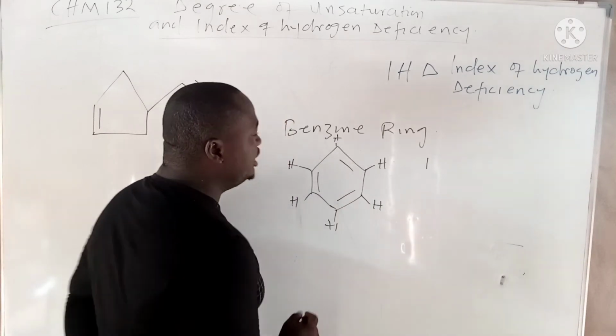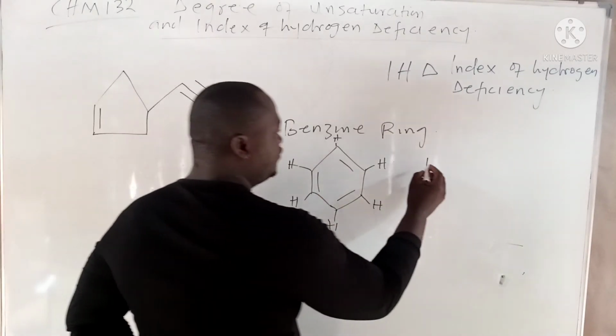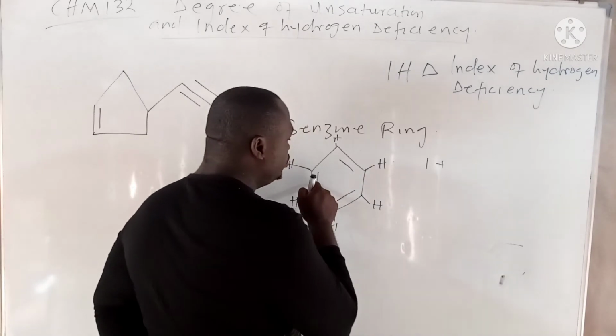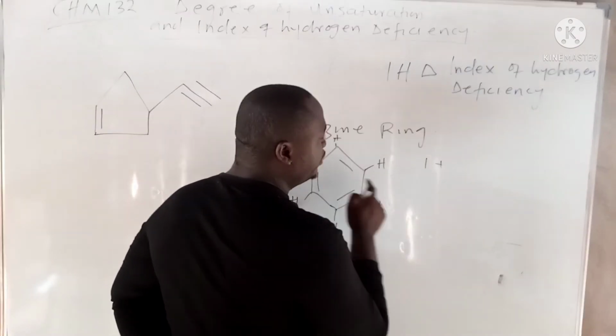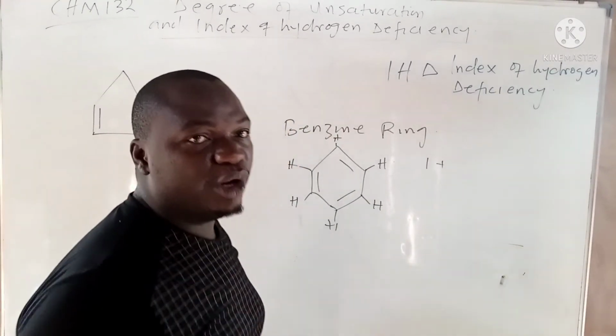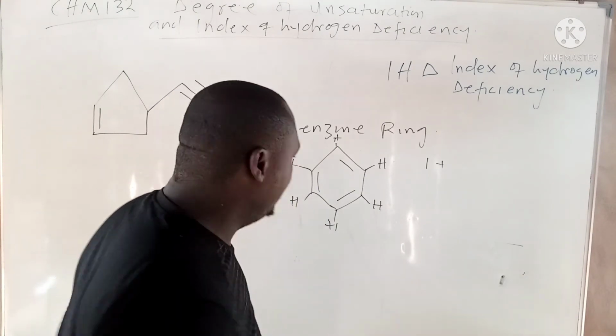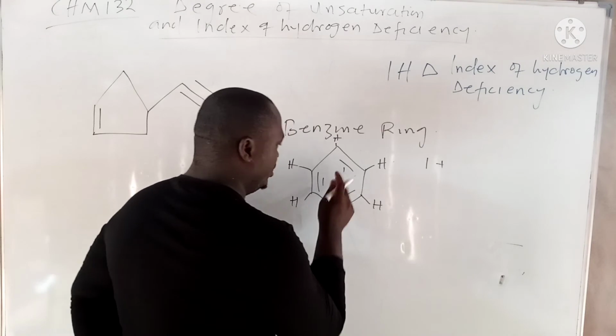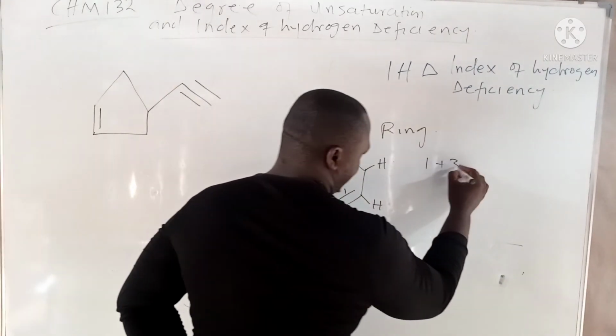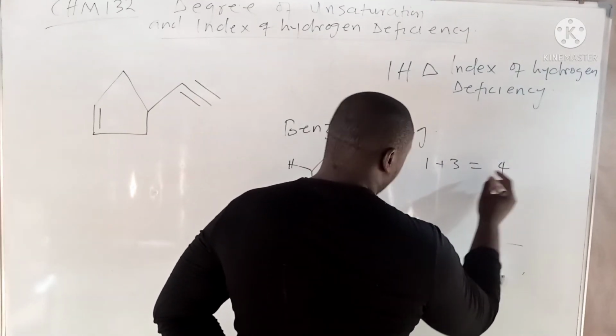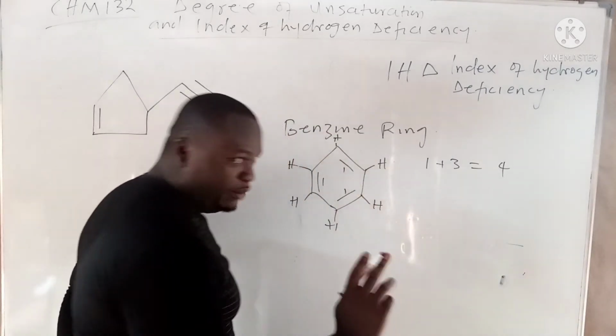So the shorthand method is, because it's a ring, it has 1, plus a double bond here, here, and here. Whenever there is a double bond, we give it an IHD of 1. So here is 1, 1, 1. So the total number of double bonds here is 3. So the answer here is 4. So the IHD is 4 immediately.